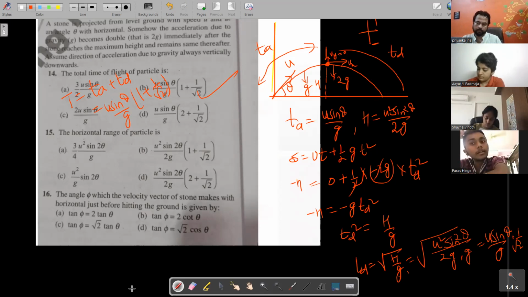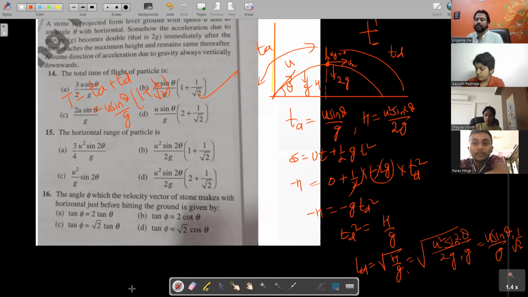Student: Why did you take 2g in h? You have written h equals u square sin square theta by 2g. Why not the formula with g? In projectile motion, this is the formula of maximum height: u square sin square theta upon 2g. Student: But can't we write g there, because with g only it's going to h max?